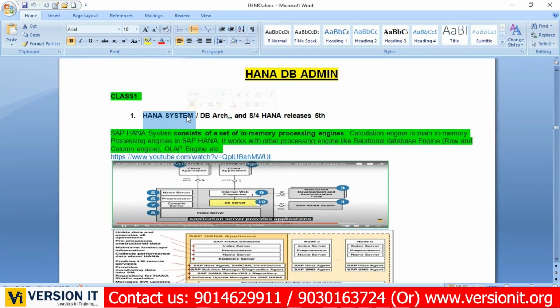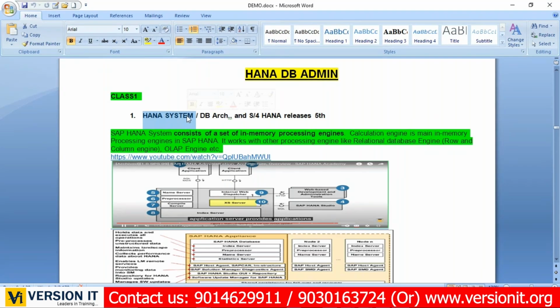Then they can take an instant decision, and the businesses should increase profits compared with systems running on traditional RDBMS. This was the thought behind the SAP HANA system, or what we call SAP HANA DB. It's one of the names.